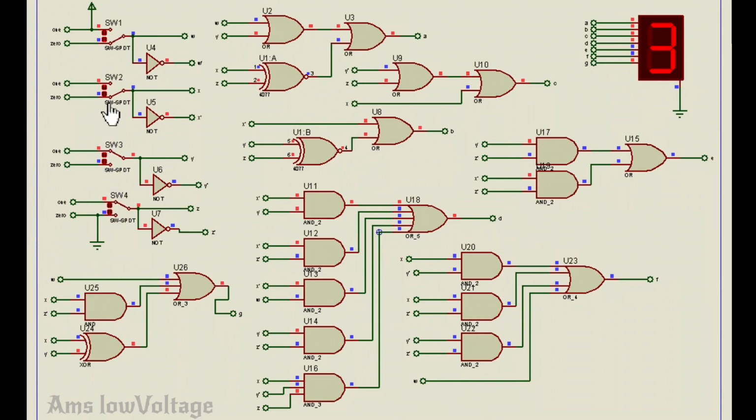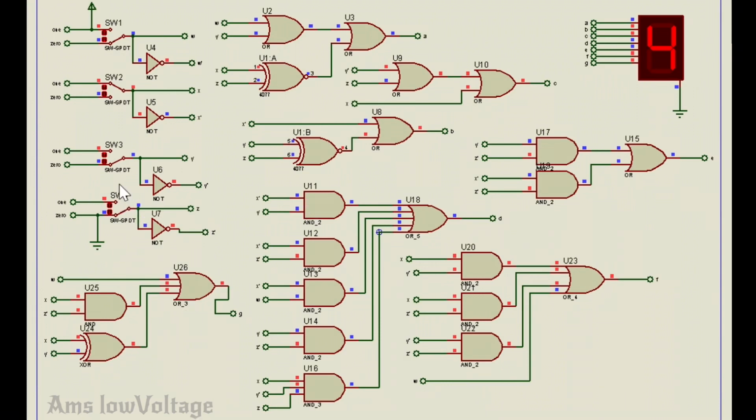What about 4? 0 1 0 0, 4. Yes, this is the binary 0 1 0 0. That means the equivalent decimal is 4. So this circuit is also displaying 4. That means our equations and circuit are working.